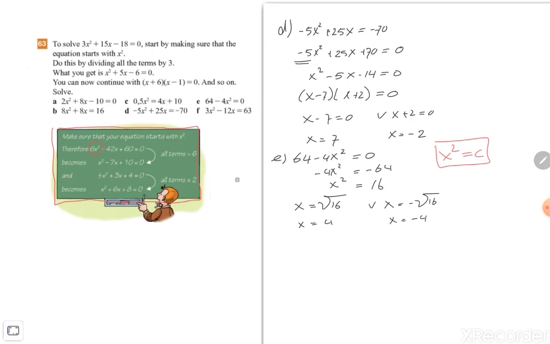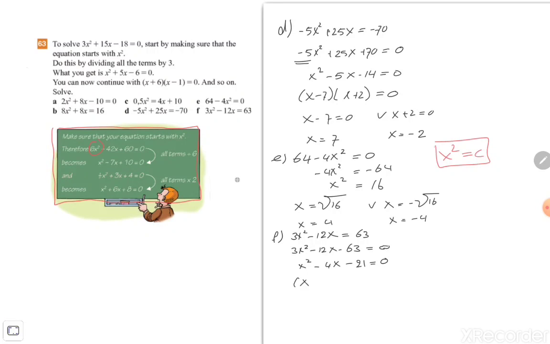Then we're going to look at the last one. Exercise F is 3x squared minus 12x is equal with 63. So you get 3x squared minus 12x minus 63 is equal with 0. Divide everything by 3. You get x squared minus 4x minus 21 is equal with 0.